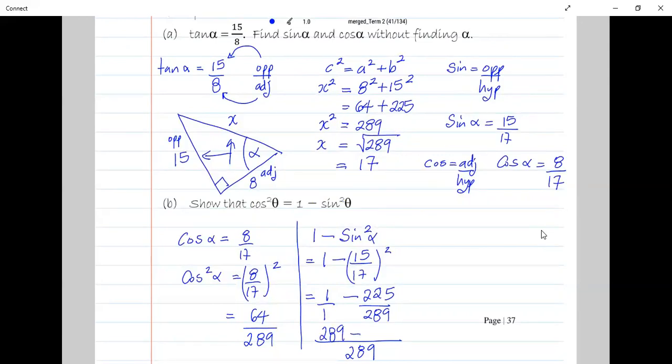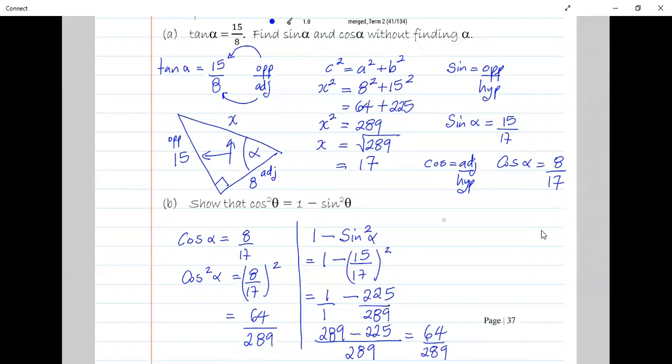Minus 289 into 289 is 1. 1 times 225 is 225, which turns out to be 64 over 289. So both cos squared alpha is 64 over 289, and 1 minus sine square alpha is also 64 over 289.